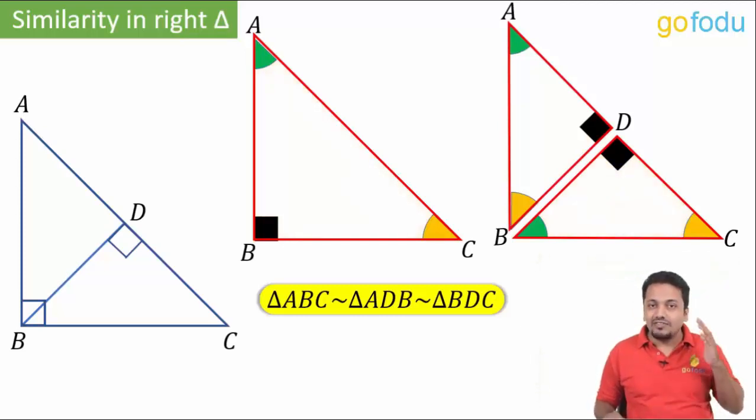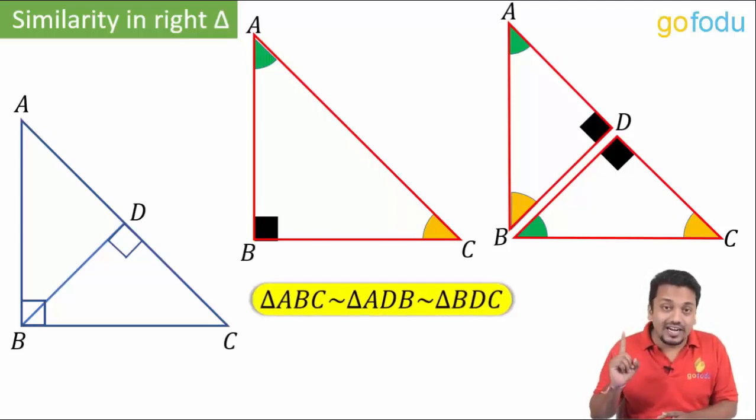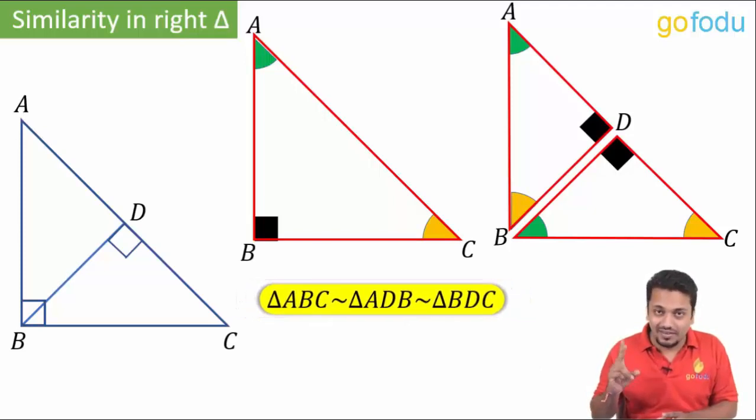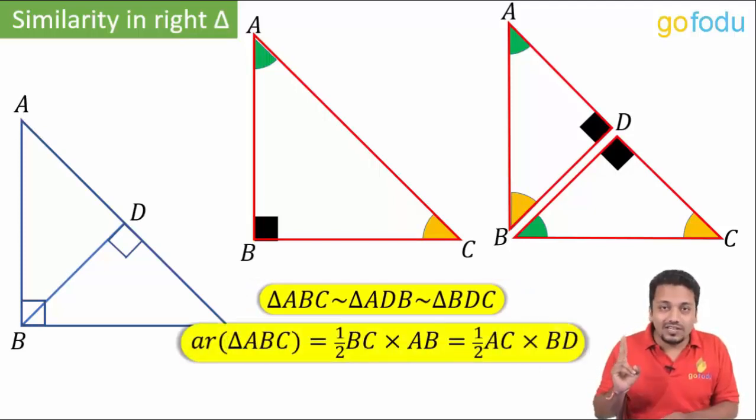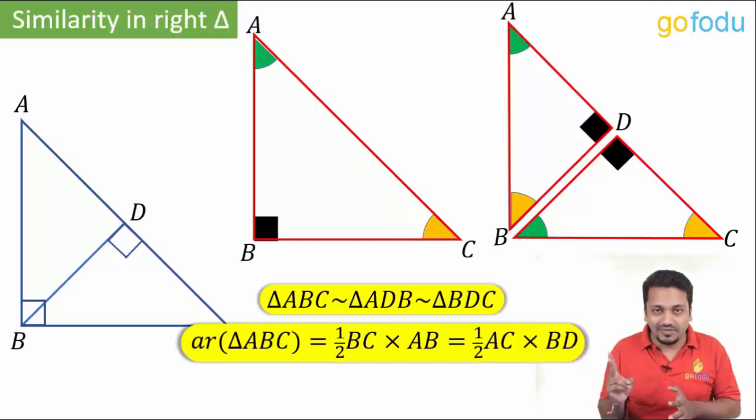You see a right triangle with altitude at hypotenuse. These are the things that should come to your mind. First, the three triangles are similar. Second, area of the triangles can be written in two different ways and equated. What are the two ways? Half BC into AB is equal to half AC into BD.